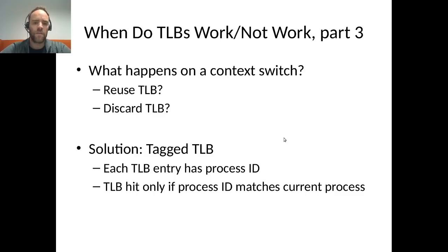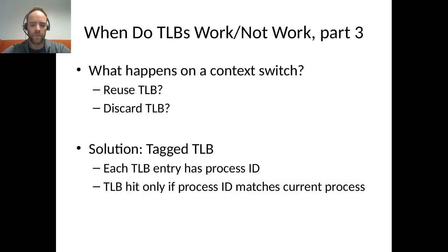So when do TLBs work and when do they not work? What happens when we need a context switch? Do we simply reuse the TLB, or do we have to discard the TLB? Remember that the TLB is populated per process, so it contains the virtual addresses of a certain process that's currently running on the CPU.